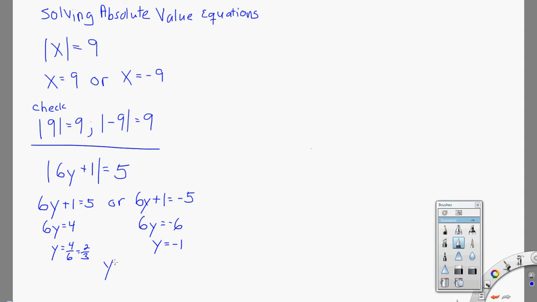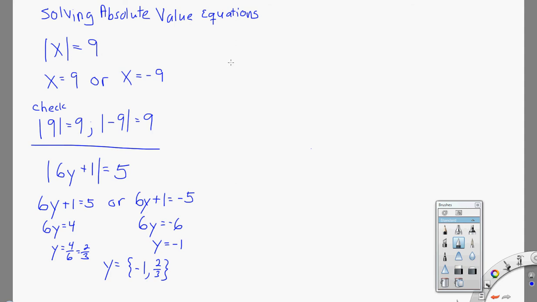You could write this as a set. Put them in order, negative 1, 2/3. So y equals the set negative 1, 2/3. I'm going to move on to another problem.